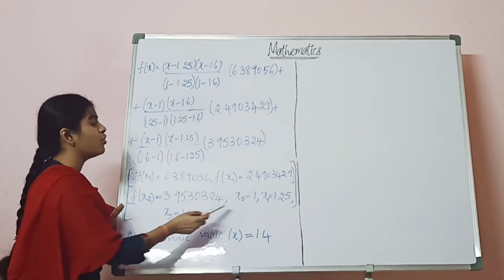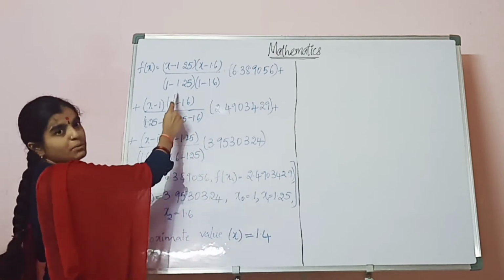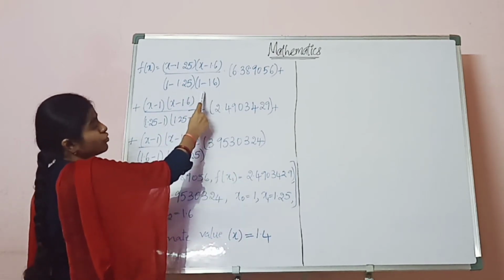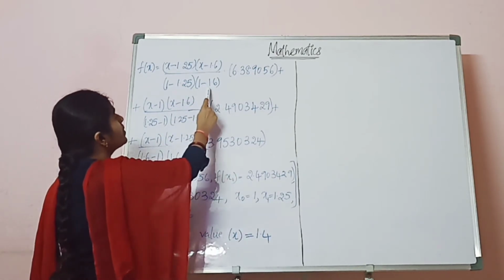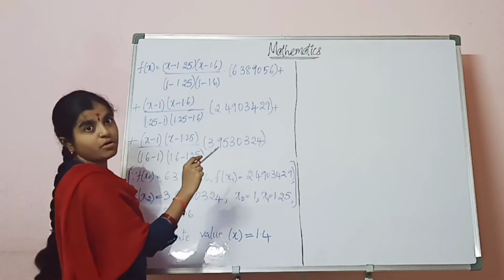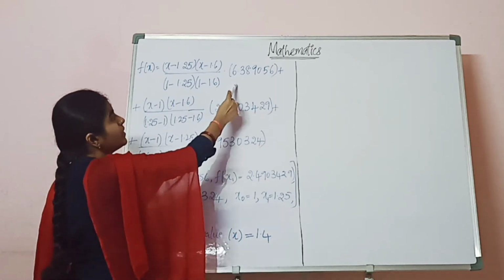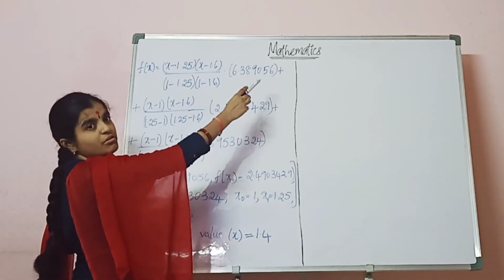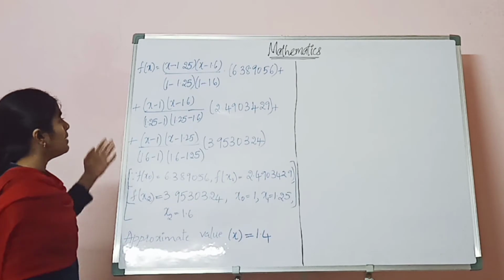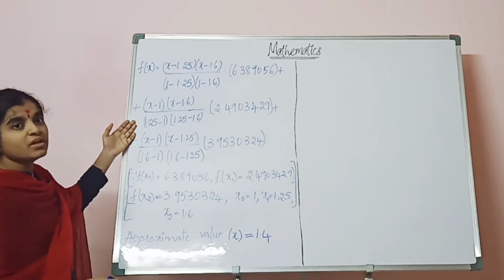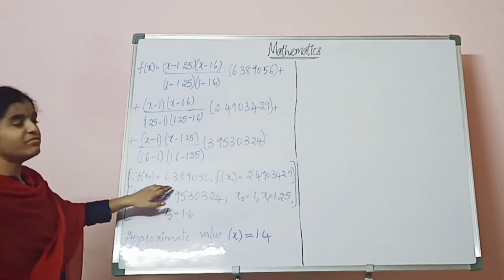What is x naught here? 1. So 1 minus 1.25 into x naught minus x2, that is 1 minus 1.6, into f of x naught. What is f of x naught? 6.389056, plus, in the same manner, we have to substitute the f of x1 values also.